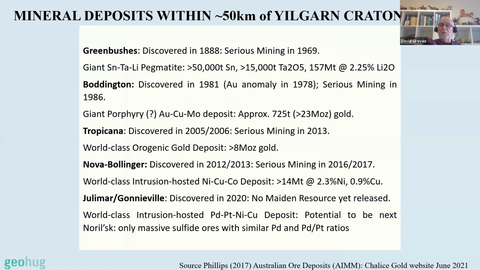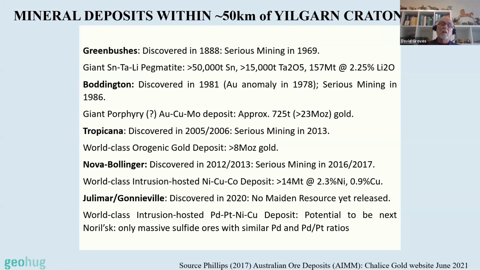If we look at the Yilgarn Craton, where I obviously live, so mineral deposits within 50 kilometres of the Yilgarn Craton: Greenbushes, the giant tin, tantalum, lithium pegmatite, probably what is known now as the largest and highest grade lithium pegmatite resource, probably some in the Democratic Republic of Congo might approach it.